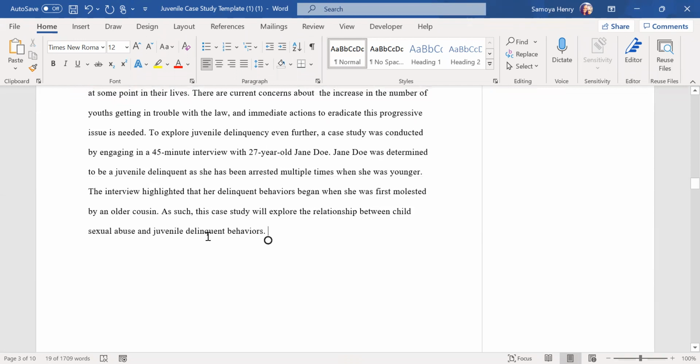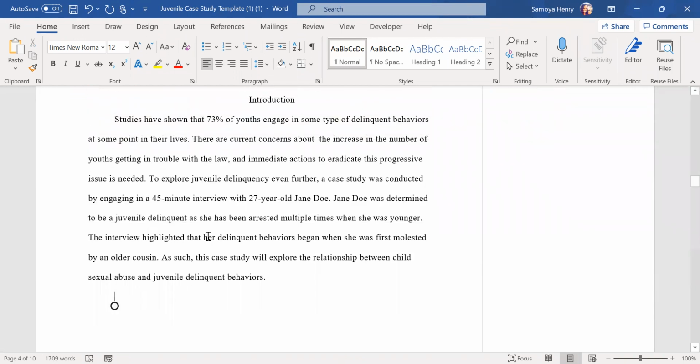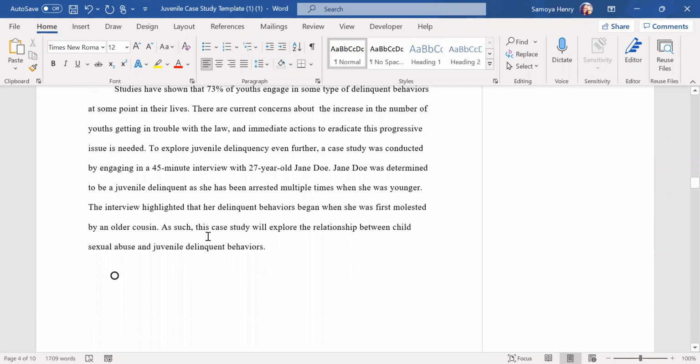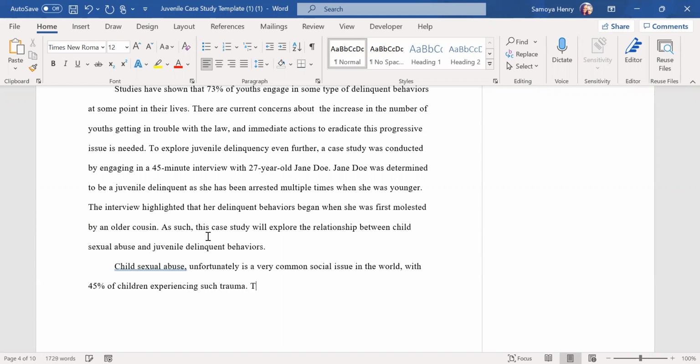Okay, so describe the significance of the research study, or why it is important. All right, so here is the next paragraph that we can begin. Child sexual abuse, unfortunately, is a very common social issue in the world, with 45% of children experiencing such trauma.